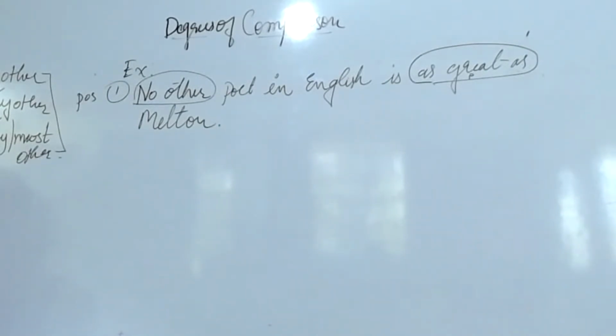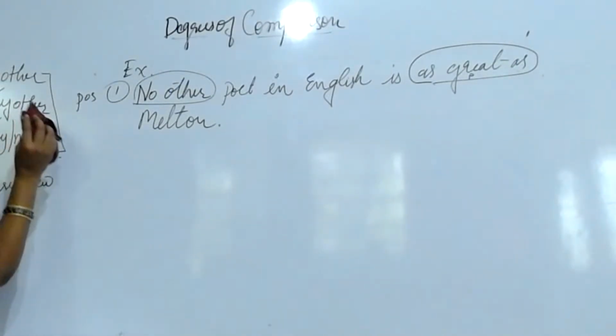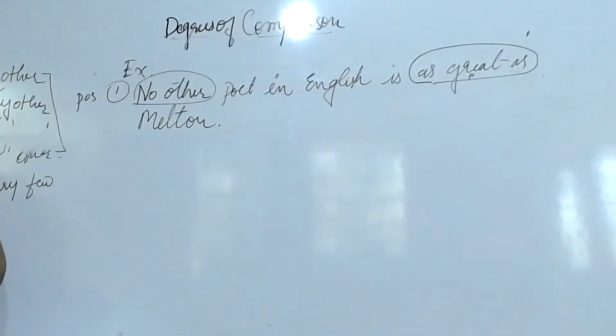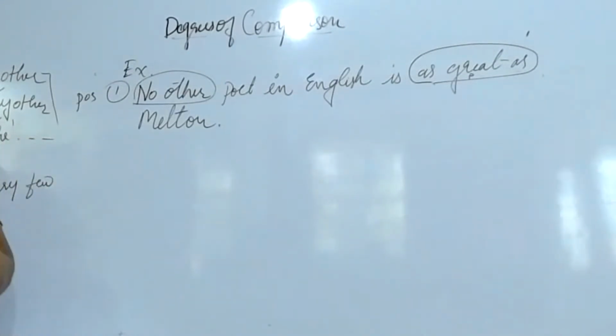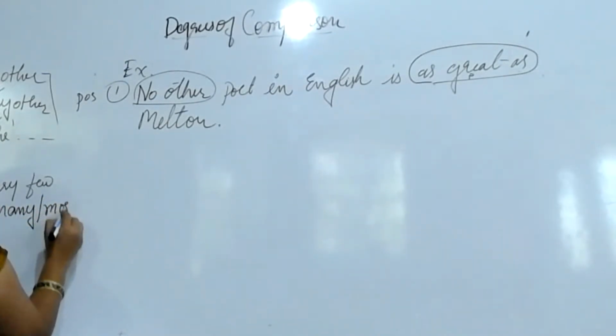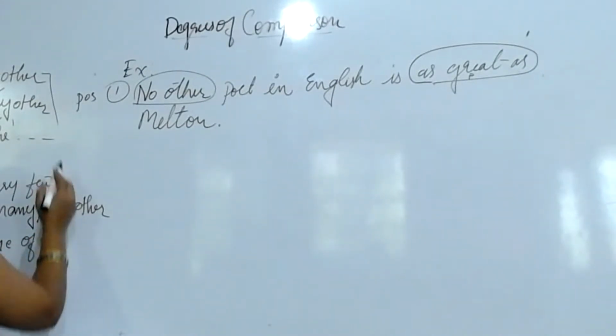If the positive degree starts with "very few", you have to use "many other", and in the superlative degree, "one of the".